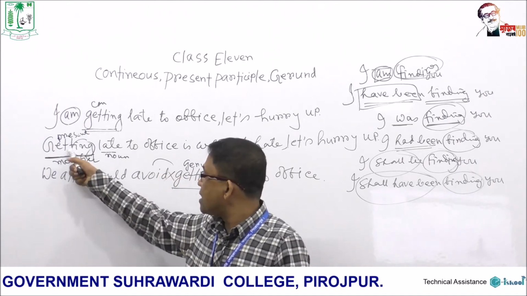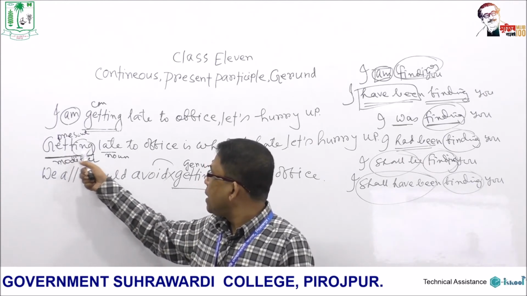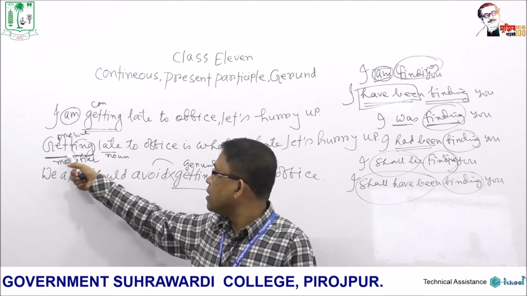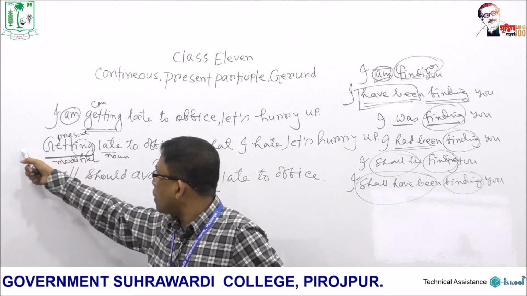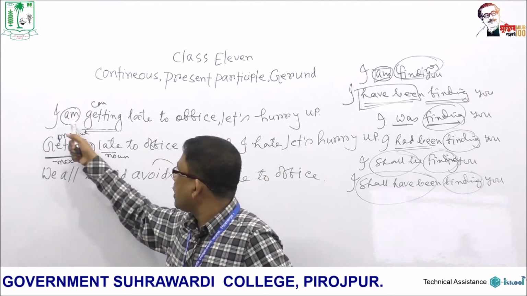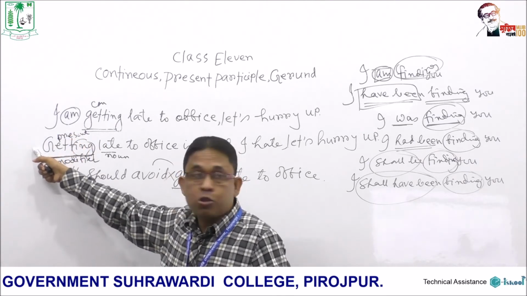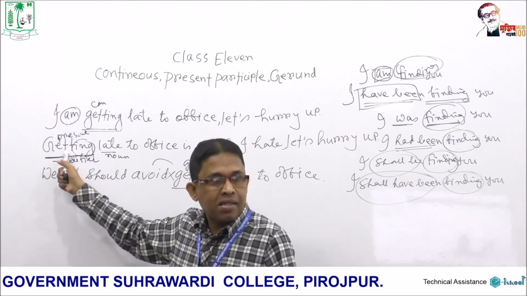Here, this getting, which is a present participle, modifies this noun late, and that is why this is a present participle. If you notice, this getting is not governed by any auxiliary like the first getting. When it is governed by any auxiliaries, then it becomes the continuous form.